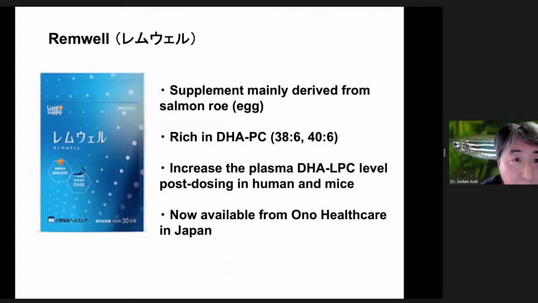By the way, in collaboration with Ono Pharmaceutical company in Japan, we recently developed a lipid supplement named Lemware. This supplement is mainly derived from salmon roe, and unlike other DHA supplements, this is very rich in DHA-PC, mainly 38:6 and 40:6.